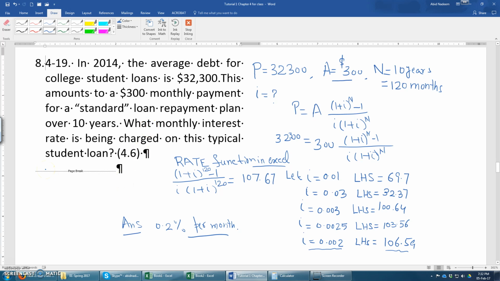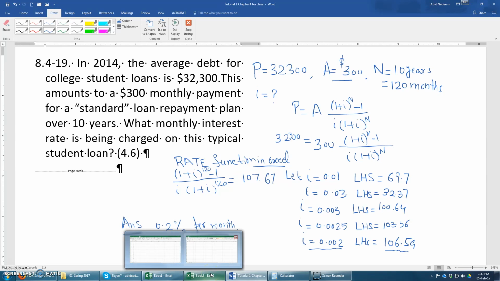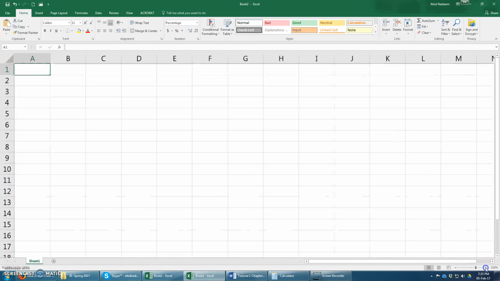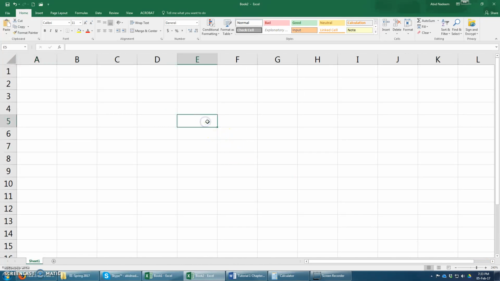And just to show you how to use the RATE function in Excel, let's look here. Let's make it a little bit bigger. The rate function: just put the equal sign first, RATE, and then it will ask for NPER, the number of payment periods, in this case 120.